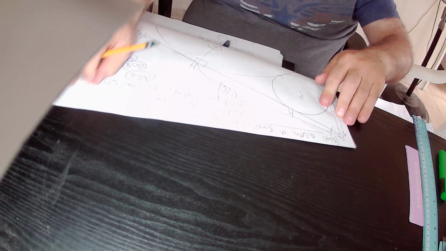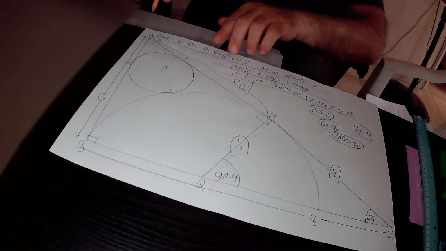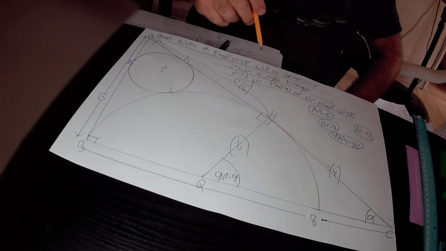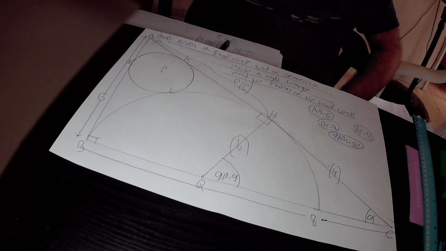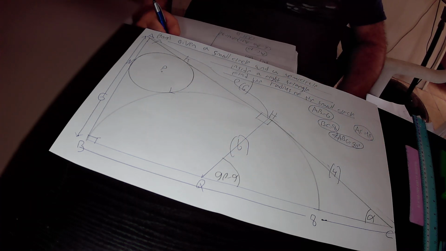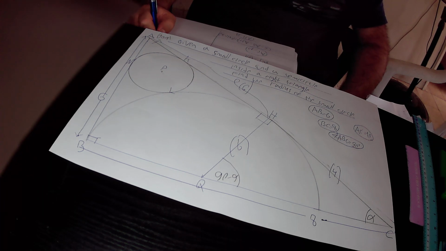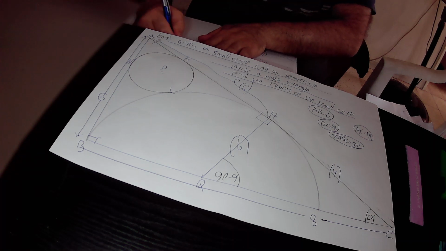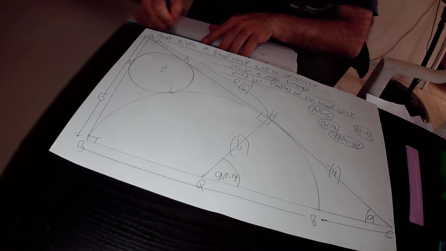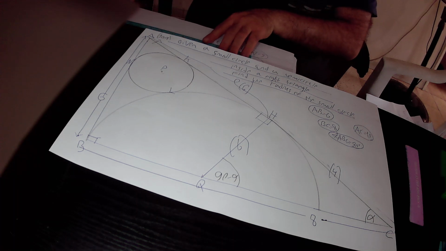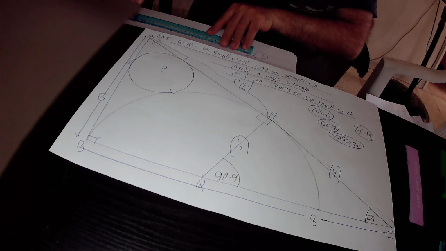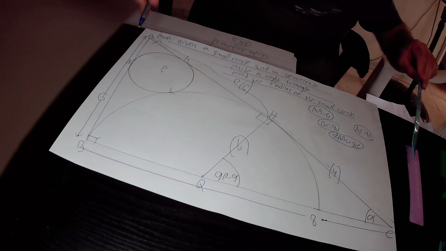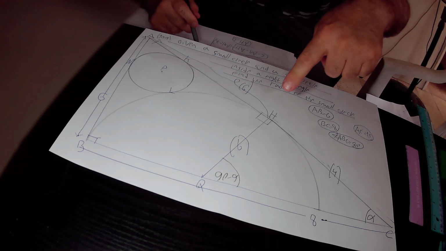In the next step, we prove that the big right triangle ABC is similar to the small right triangle HQC. So why is the big right triangle ABC similar to this small right triangle HQC?